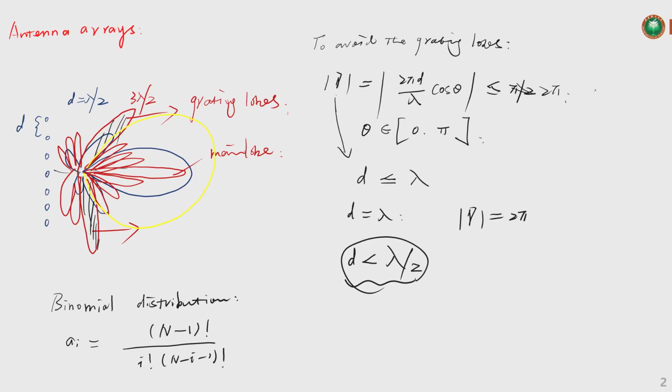After that, we introduced the electronic scanning of the arrays. For this part, we apply a linear phase distribution.